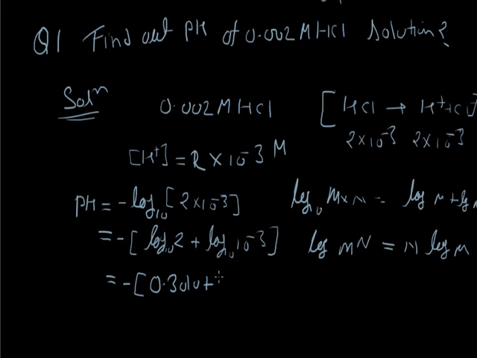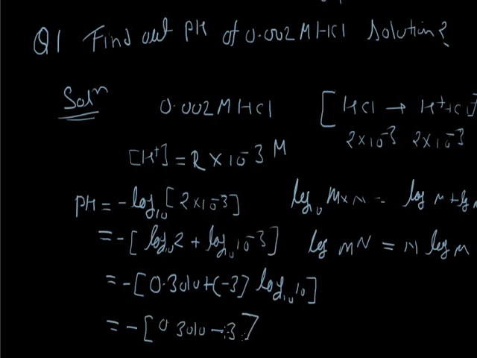So it comes here, that one is minus 3 log base 10 10. Now 0.3010, this one is minus 3, log base 10 10 is equal to 1, so it's 1, and now we solve this. Answer is plus 2.7.